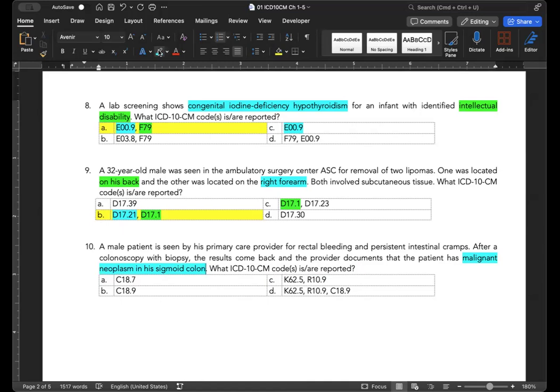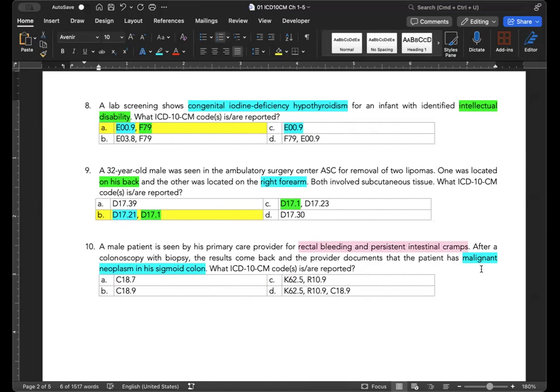No, because those are all symptoms of it. I think it was Sarah that said that. Because it was already diagnosed. It was diagnosed as that from the biopsy. They're symptoms of the diagnosis. Yep. So if we were to code the rectal bleeding and the persistent intestinal cramps, those are signs or symptoms of a definitive diagnosis.